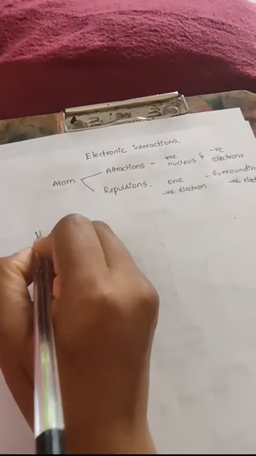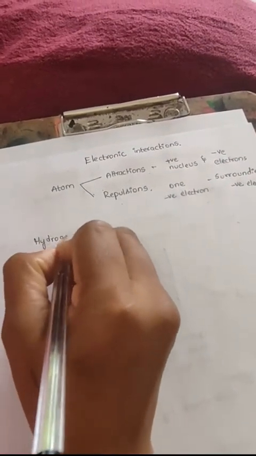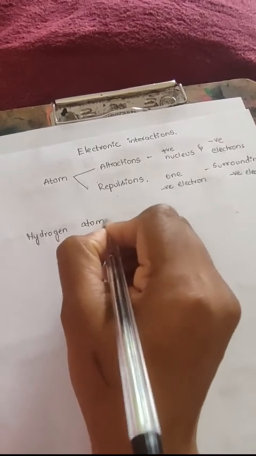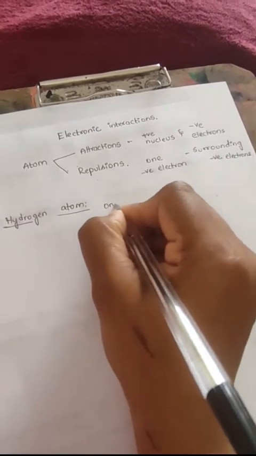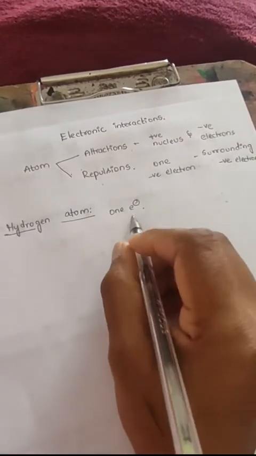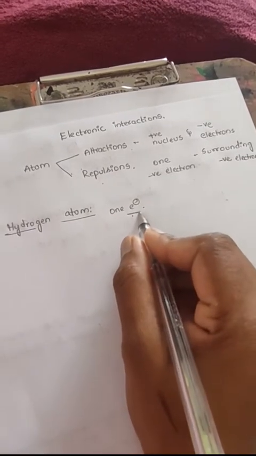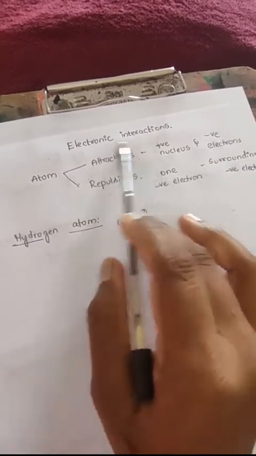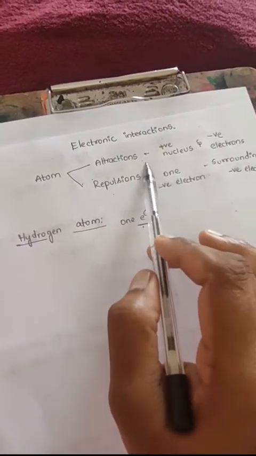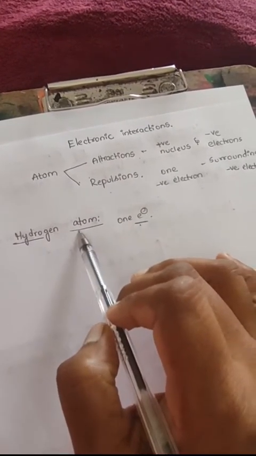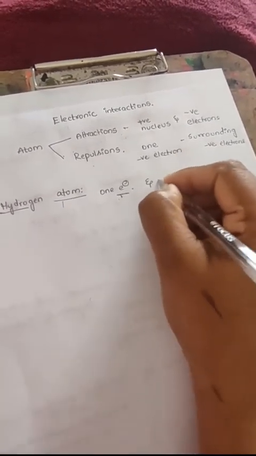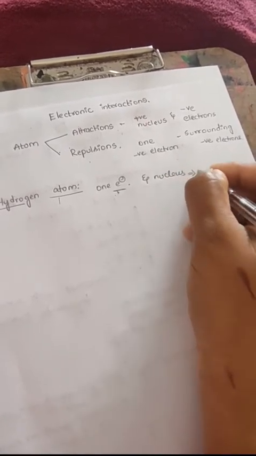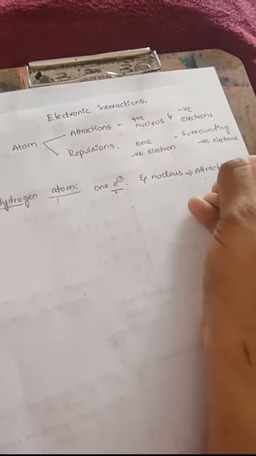Let's see in brief. In hydrogen atom, how many electrons are there? Yes, only 1 electron. So as there is only 1 electron, only attractions can be seen in hydrogen atom, the attraction between this 1 electron and the nucleus.